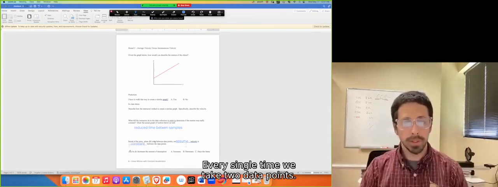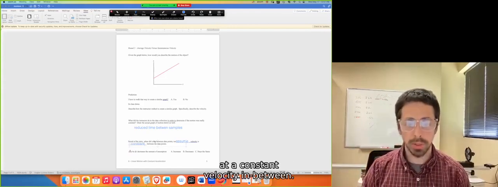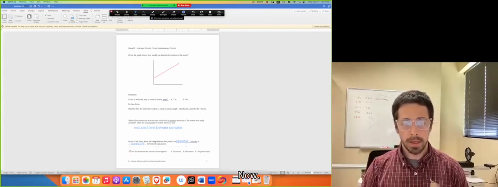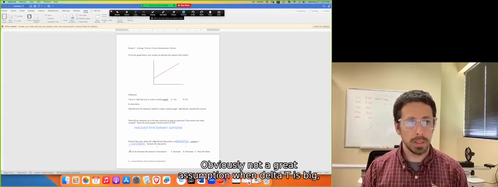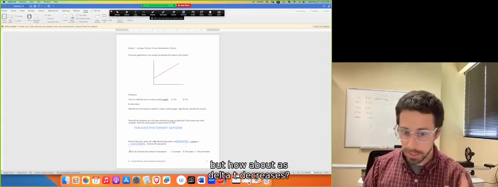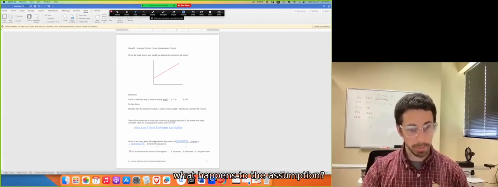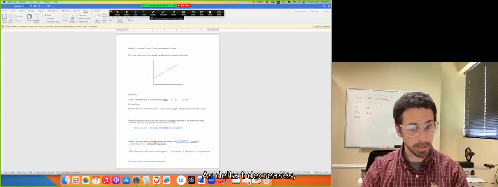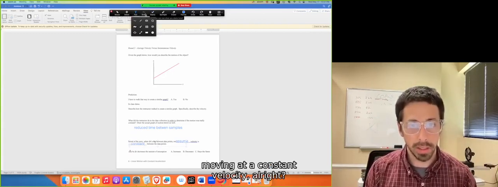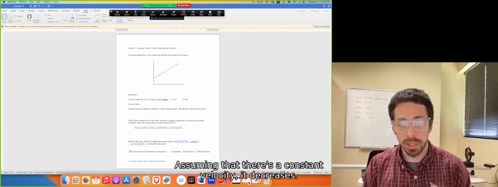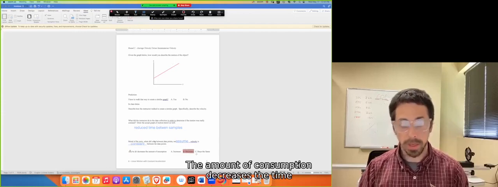Every single time we take two data points, the assumption is I am moving at a constant velocity in between. Now, obviously not a great assumption when delta t is big, but how about as delta t decreases? As delta t decreases, the assumption that there's a constant velocity decreases. The amount of assumption decreases.